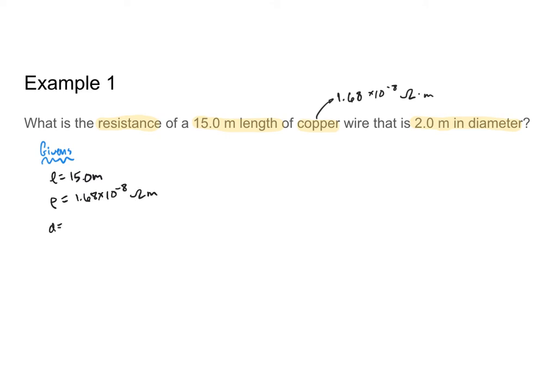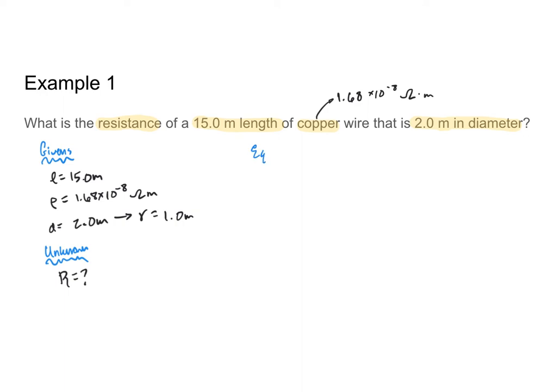Finally, I know that its diameter is 2.0 meters. Therefore, its radius, which is my diameter over 2, is 1.0 meters. Which brings me to my unknown. And from this question, I can tell that what I'm looking for is my resistance, which is represented by capital R.